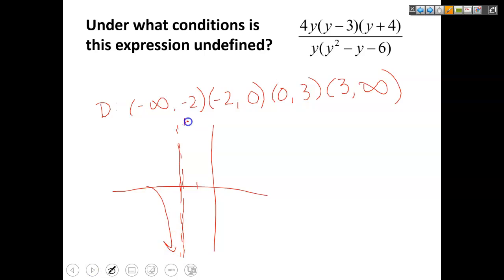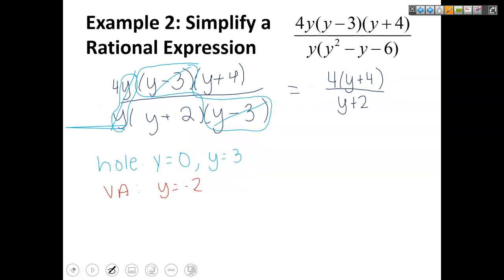So it's going down, it's going up, and then at zero there would be a hole, and then let's say it goes back up again, there would be a hole in your graph at 3 as well. I have no idea if that's what the graph actually is, but you would see holes on your graph. Or if you put the original or the simplified into your calculator and typed in 0, 3, or -2, your table would say error. So if you don't get error on your calculator.